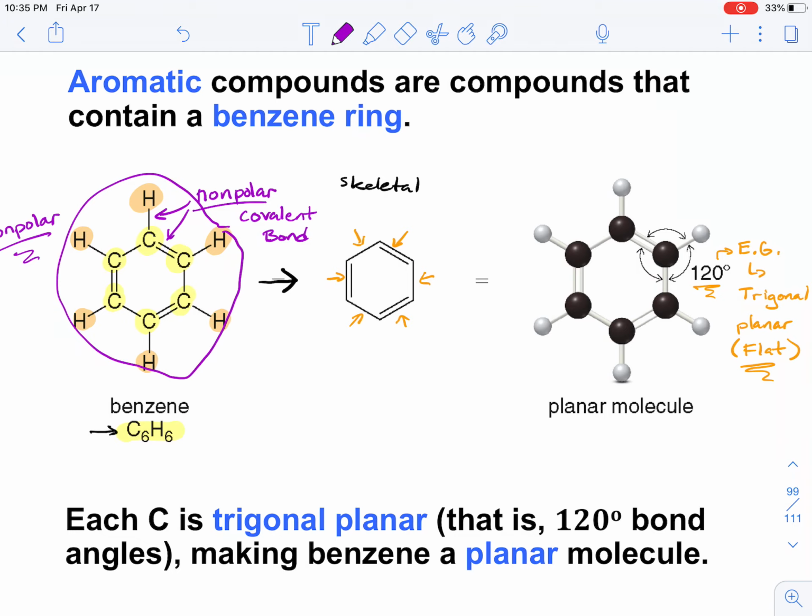For example, if you're thinking about the cellular membrane, the cellular membrane itself is going to be non-polar. And so having these planar molecules allows these aromatic compounds to embed themselves very nicely inside the non-polar layer of a phospholipid.